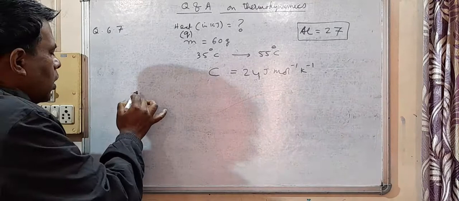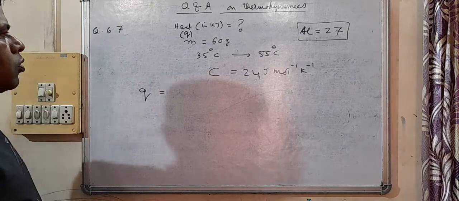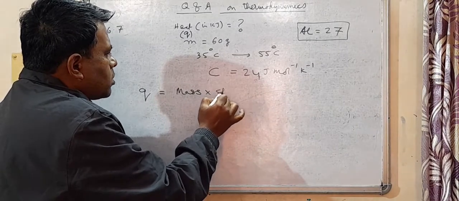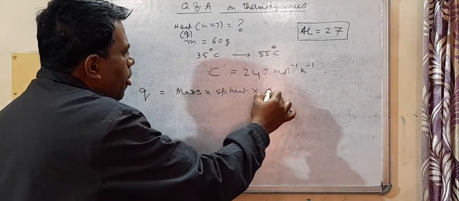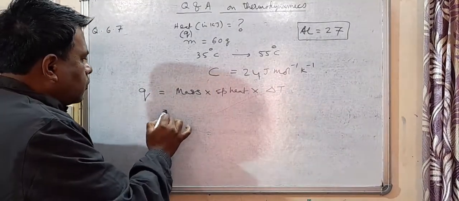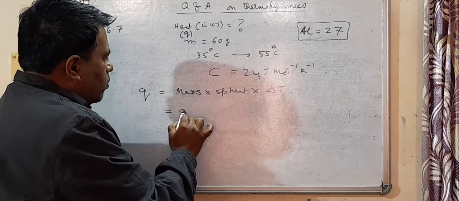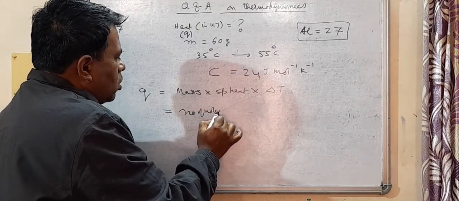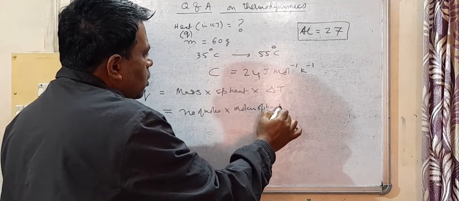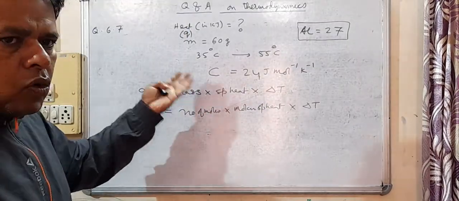Now we know heat lost or gained by system is mass into specific heat into temperature change. If we want to write it in moles, it will be number of moles into molar specific heat into change in temperature.